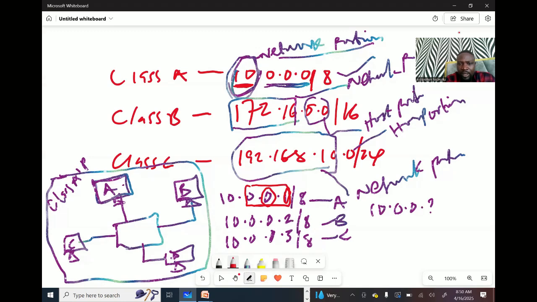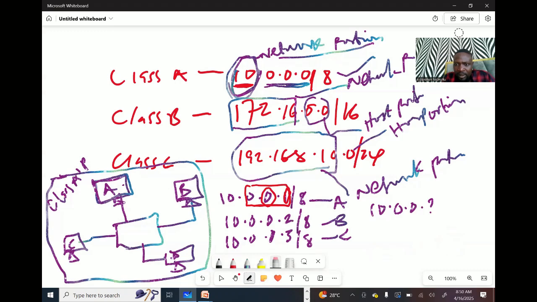So let's say this one gets exhausted. It will be 10.0.1.255. That means 255 hosts have already taken IP addresses. We are moving to this now, so the next host will be this number. So that is class A.